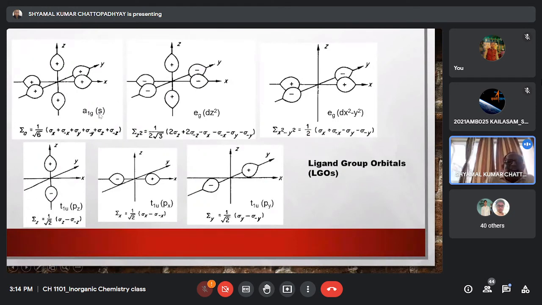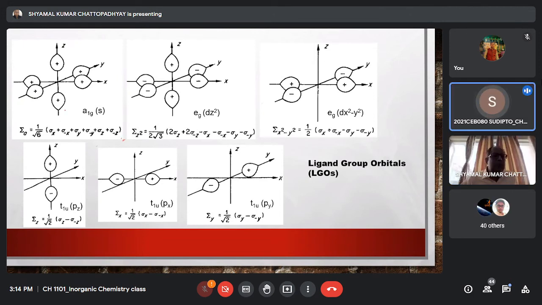Actually, it is written here. Because if I take an s orbital, yes, obviously, because a metal s orbital is spherical, and this is also spherically symmetrical, and an s orbital has a plus sign everywhere.